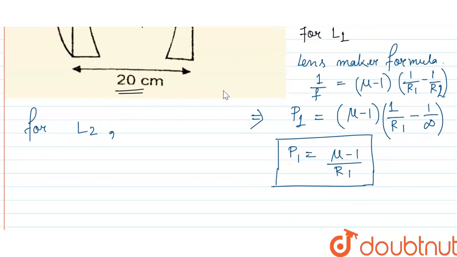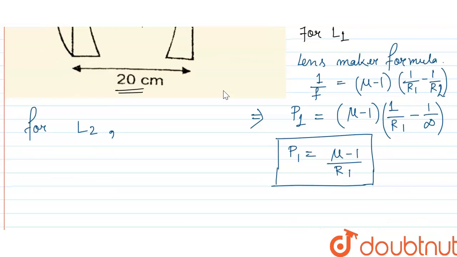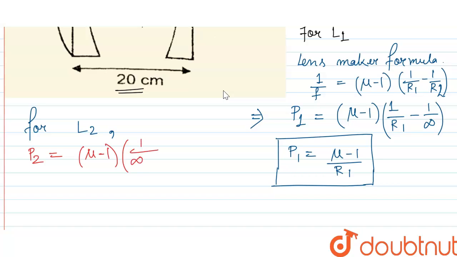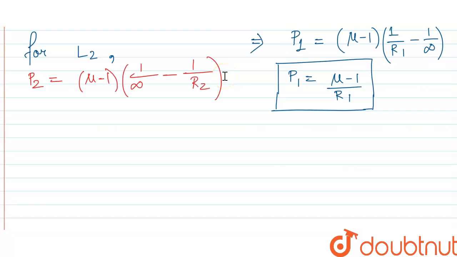So for L2 it will be P2, the power of lens L2, equal to (mu minus 1)(1 by R1 minus 1 by R2). Here 1 by R1 will be 1 by infinity, because in this case the first surface is plane. That's why it is 1 by infinity minus 1 by R2. So it will become minus (mu minus 1) by R2.